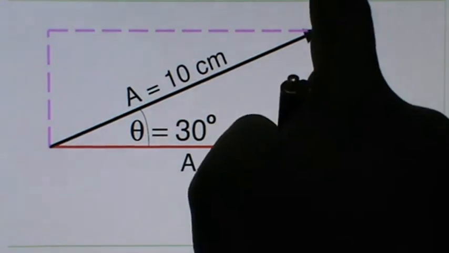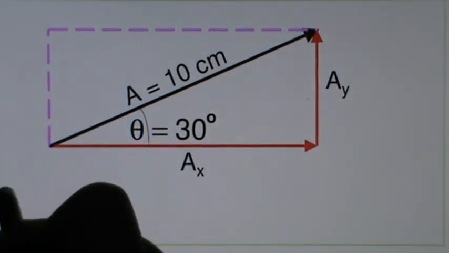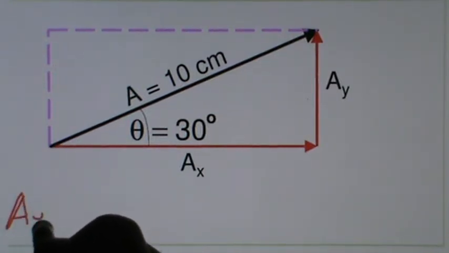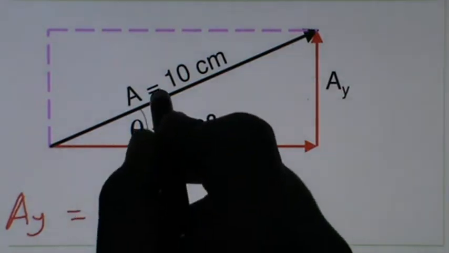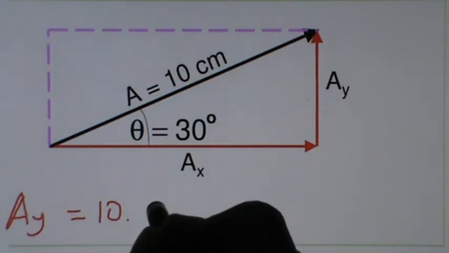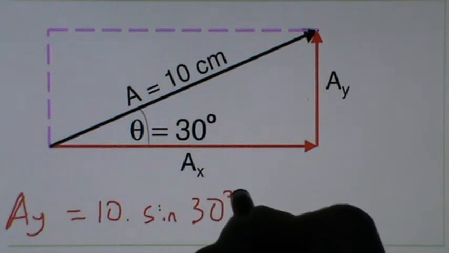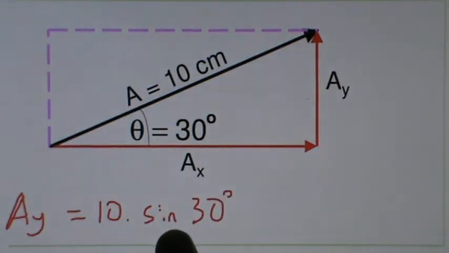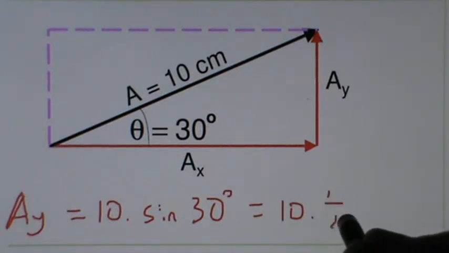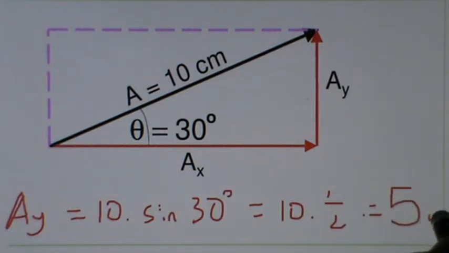So now, as you learned from the previous slide, ay is equal to a here, 10, times sine 30, and the value of sine 30 is 1/2, so you get 5 centimeter.